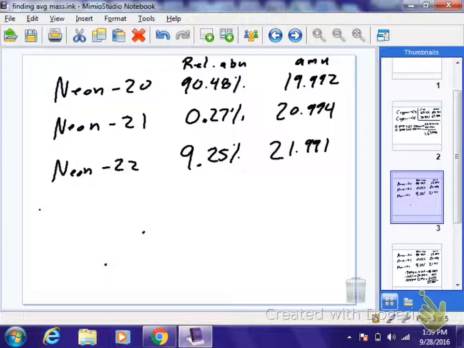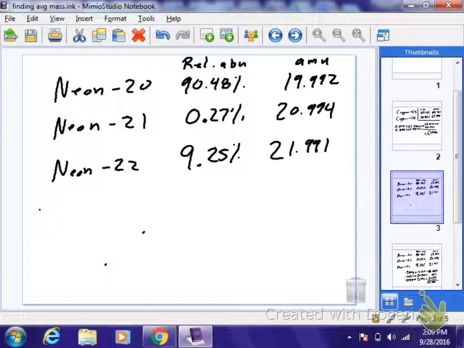These other ones are going to make it a little bit bigger, but they're not very big percentages. Neon 21 is 0.27%, and neon 22 is 9.25%. Let's have you attempt to calculate the atomic weight of neon, based upon that other example with copper 63 and copper 65. See what you get.